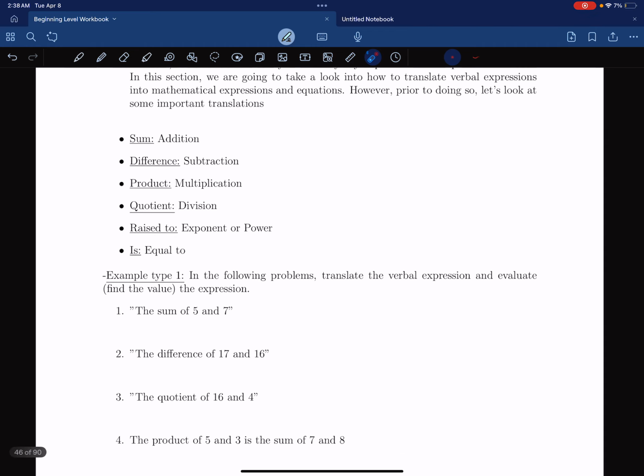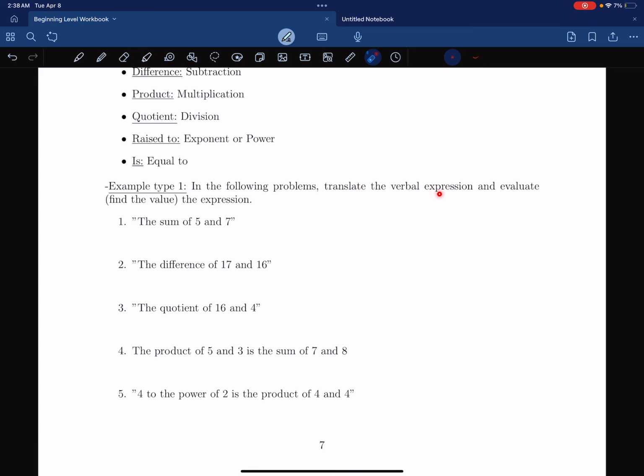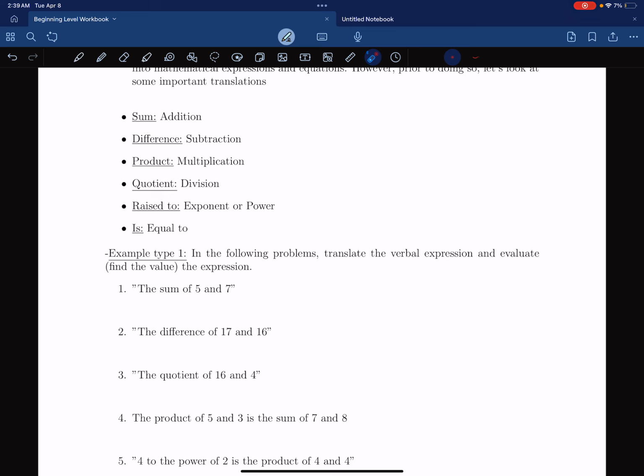So with that being said, let's translate the following verbal expressions. And once we do that, we're going to evaluate or find the value of the expression. So for example 1, we have the sum of 5 and 7. As we've seen above, if sum is a foreign word to you, that means we're going to add.